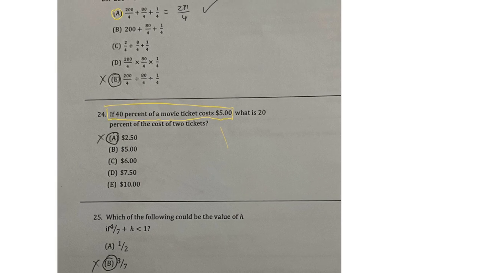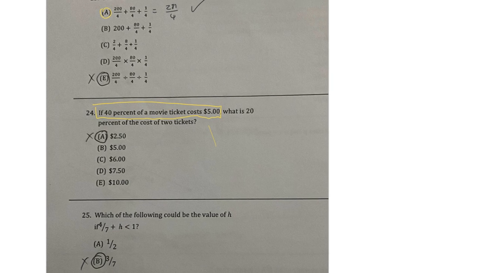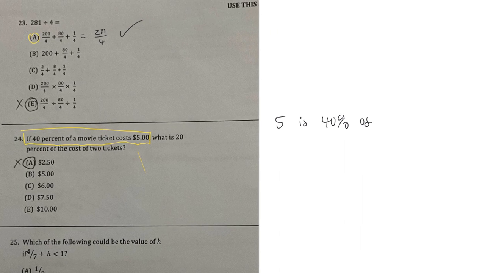So really, if we want to know the total cost of a single movie ticket, that would be a matter of asking the following question. We could say $5 is 40% of what number, right? What number?